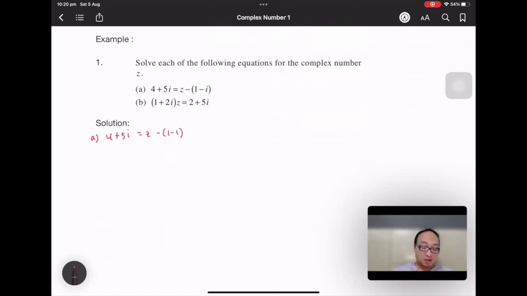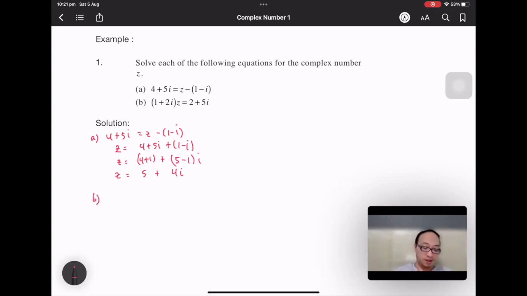I can rearrange first. z equals 4 plus 5i plus 1 minus i. I can collect the real part, 4 plus 1, plus the imaginary part, 5 minus 1 i. So 5 plus 4i. This is the z.